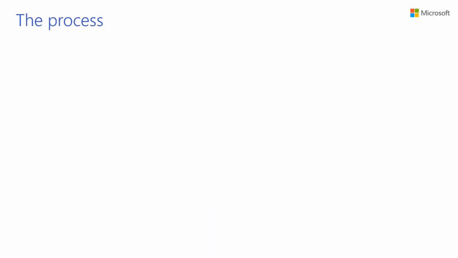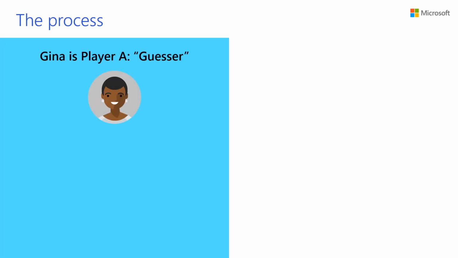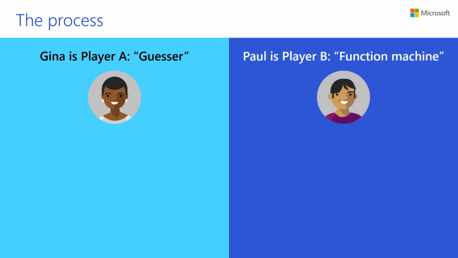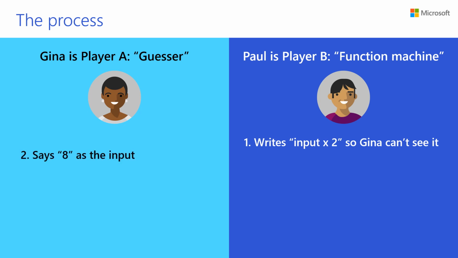But let's look at an example with a simple function. Let's suppose that you have Gina and Paul who are paired up, and Paul is the function machine. He'll take a moment to think of a function like multiply the input by 2, and then writes it down so that Gina can't see it. Then Gina gives an input of 8.